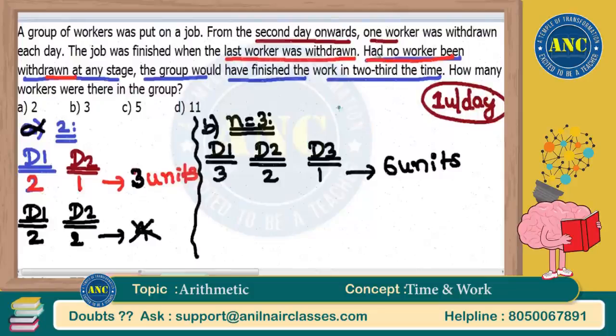But the second case says that if no person left, that means on day 1 it is 3 people, day 2 also it is 3 people. Totally 6 chocolates they also completed in 2 days itself, right? If no person left, the group would have finished the work in 2/3 of the time.